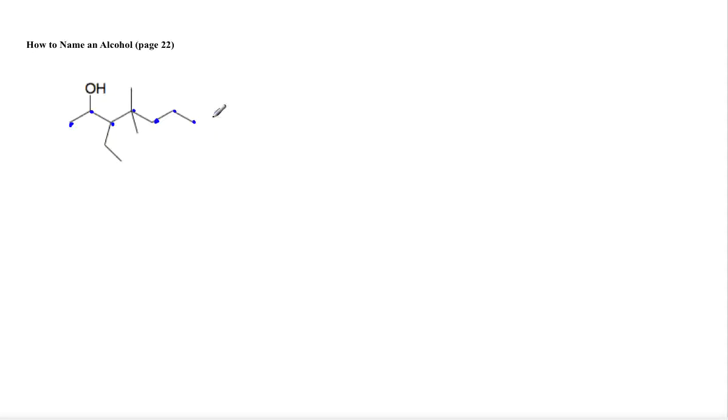Now what we do with these, anything beyond hydrocarbons, the strategy for naming them is to take the alkane name, so in this case it is heptane, and we're going to drop the E and add our new ending. So for an alcohol, the ending for the parent is going to be -ol. So we're going to call this heptanol.